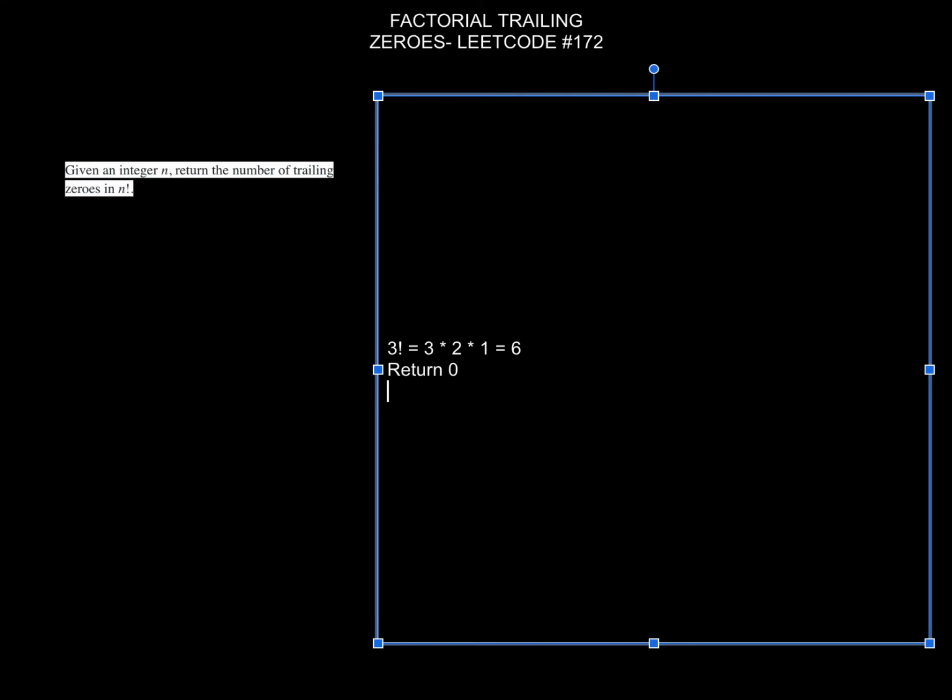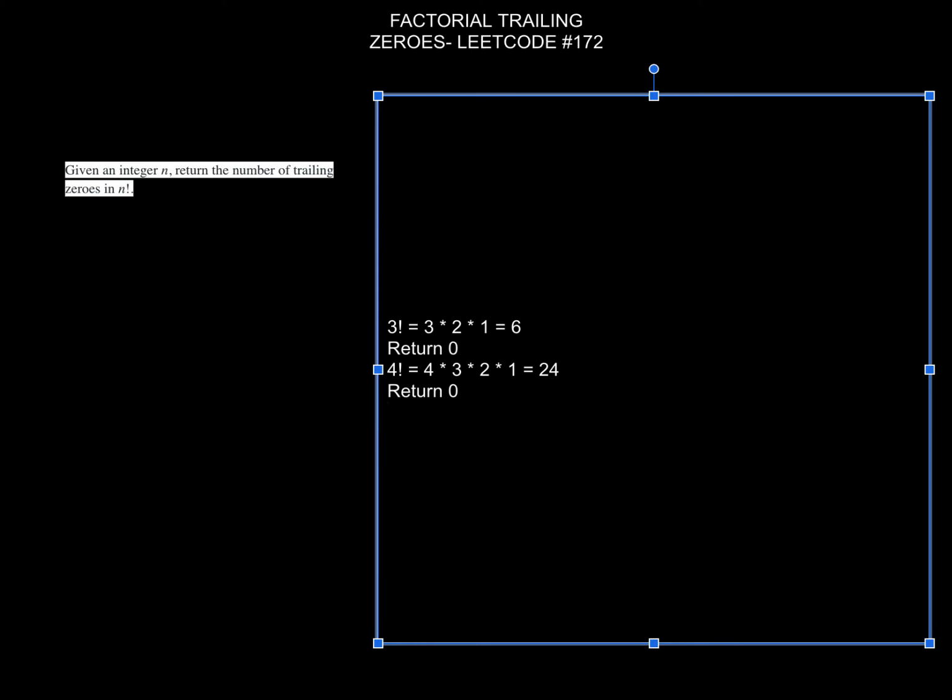In the case of 4, we execute 4 factorial, which is 4 times 3 times 2 times 1 equals 24. Also no trailing 0.